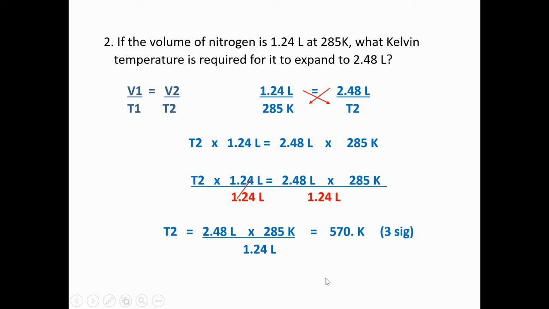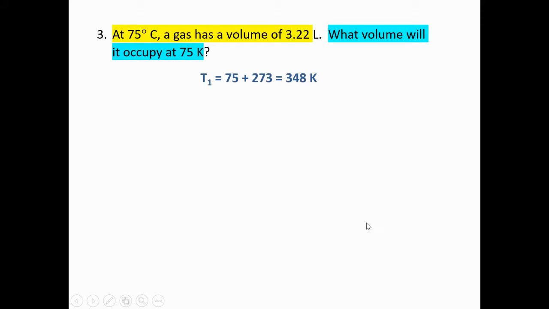Now, in both of these examples, I gave you the temperature in Kelvin, so you could just use the numbers as is. In example number 3, I gave you the initial temperature in Celsius, and I said, what volume would it occupy at 75 Kelvin?